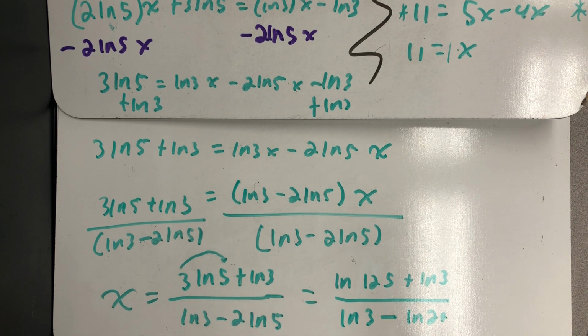Bring that in as a 5 squared. Well, one more simplification. This is 2 logarithms being added together, so I can rewrite it as 1 natural log with 125 times 3, which I totally know is 375. That took a minute. All over the natural log of, and this difference would be 3 over 25. And there's my final answer.